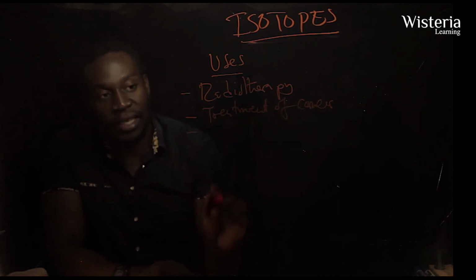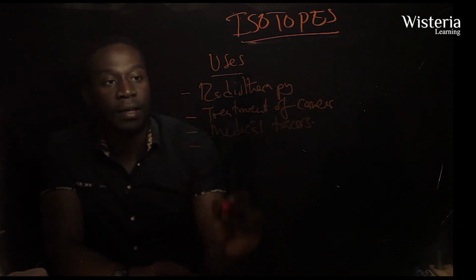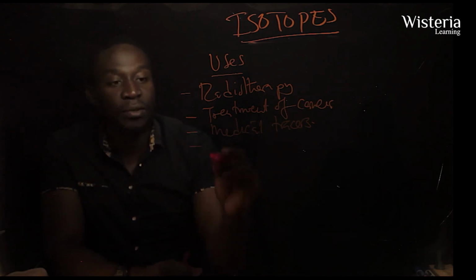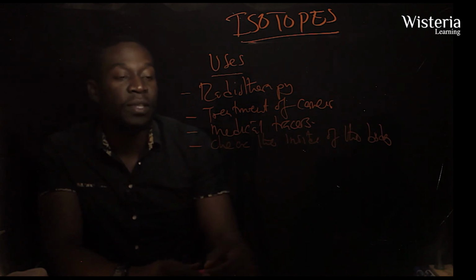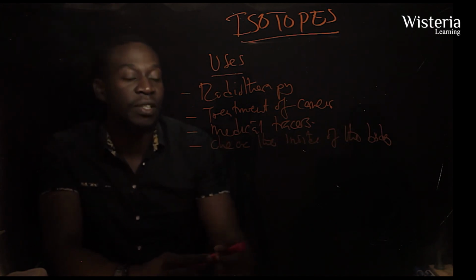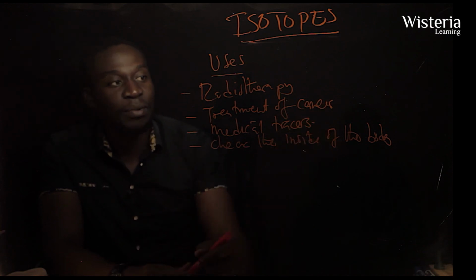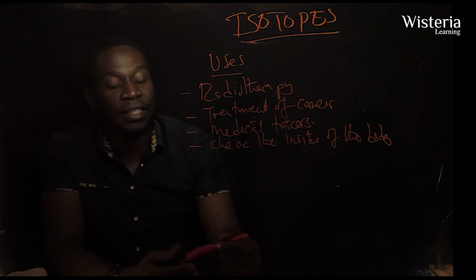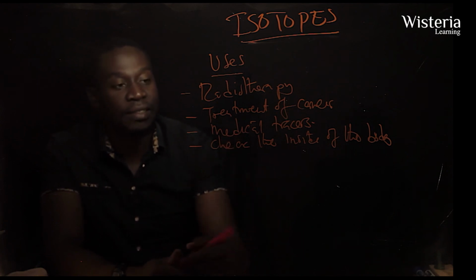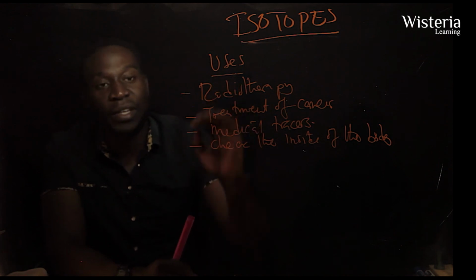They are also used as medical tracers, and to check the inside of the body. So isotopes are very important. A good example is iodine 131. Another isotope of iodine can also be used as a medical tracer and to check the inside of the body. So these are medical uses.